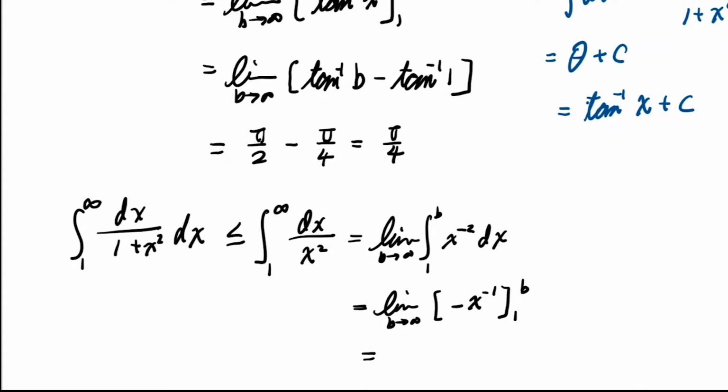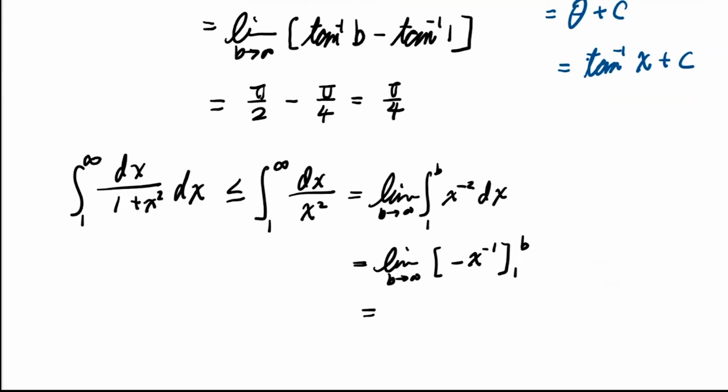With me? Okay. Limit b approaching infinity. So we have this one minus that one, right? With a negative sign. So we have 1 minus 1 over b. And when you take the limit, this 1 over b dies.